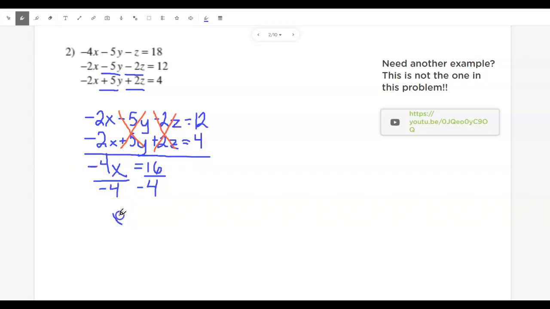And we don't put a 1 in front of a variable most of the time, because it's just understood there's a 1 there, and that's what we're looking for. And then we have 16 divided by negative 4. A positive divided by a negative is negative, and 16 divided by 4 is 4. So x equals negative 4. Now we've solved for one variable.